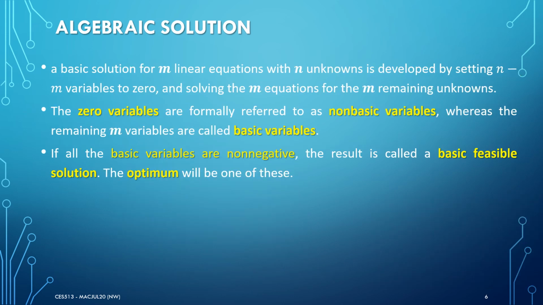In general, a basic solution for m linear equations with n unknowns is developed by setting n minus m variables equal to 0 and then solving the m equations for the m remaining unknowns.